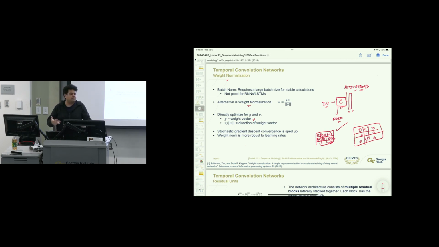What has been noticed is that on smaller architectures, this significantly speeds up the stochastic gradient descent process. So you've already seen that stochastic gradient descent is a good process for deep network training. The reason being that it is inherently noisy, which makes sure that we don't get stuck in, let's say, local minima, or saddle points can be overcome by using this kind of a stochastic gradient descent process.